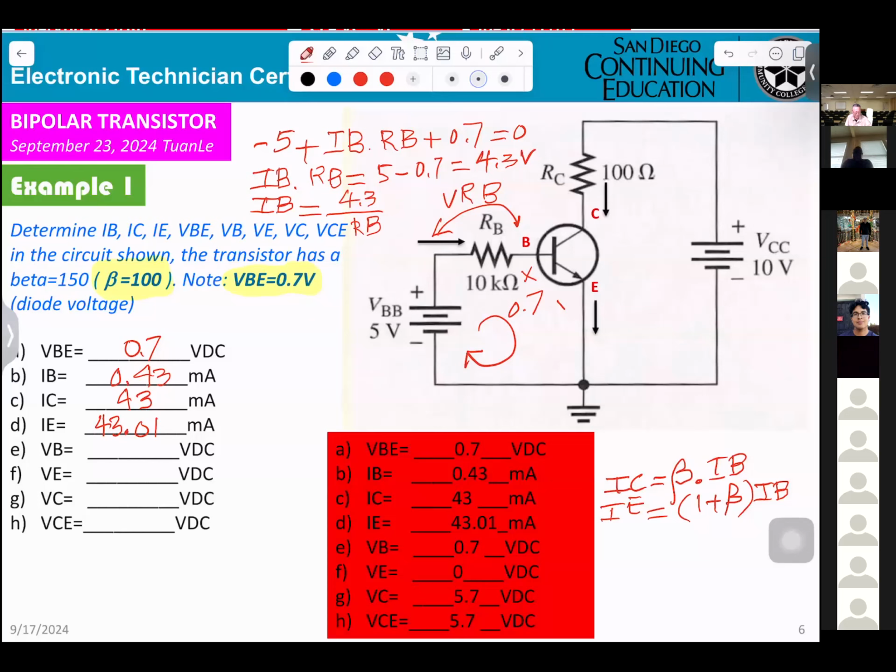IE is IC plus IB, 43 plus 0.43, that's 43.43. Correct.